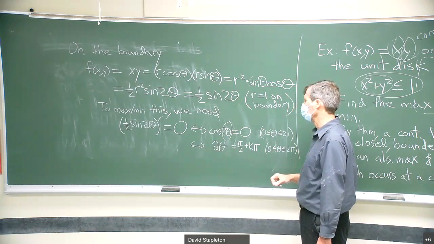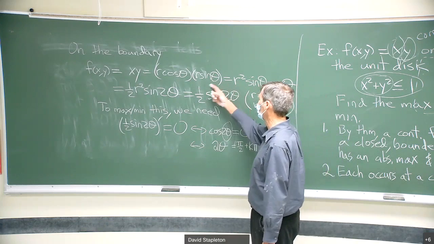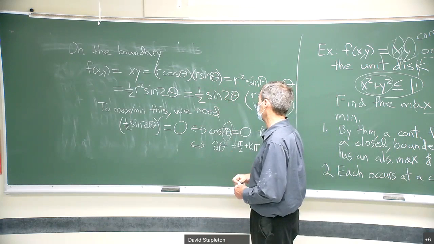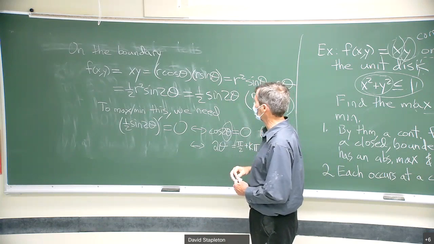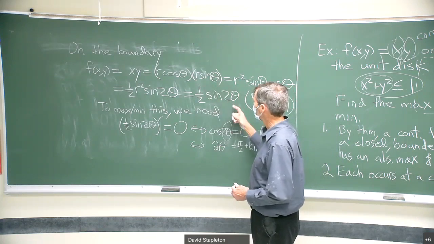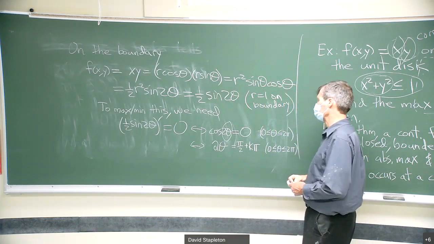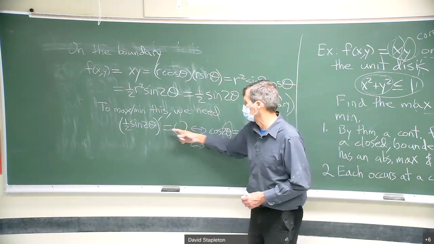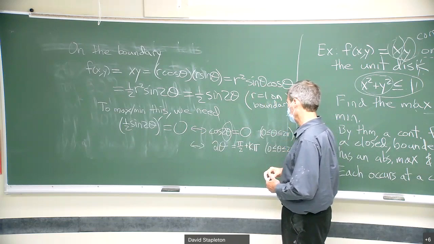Along the boundary, this is the z coordinate, the height of the function that you want to maximize. But because we picked polar coordinates wisely, this is now a function of one variable. And to maximize a function of one variable, you just set its derivative to 0 and seek over the allowed values of theta, what values can you get?